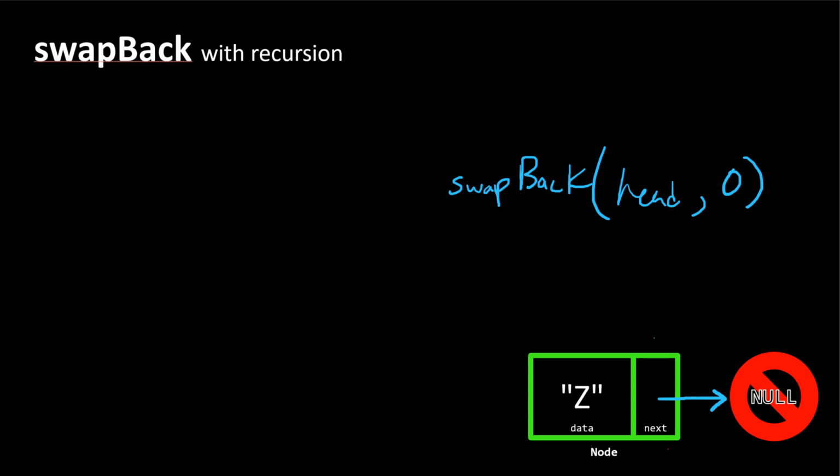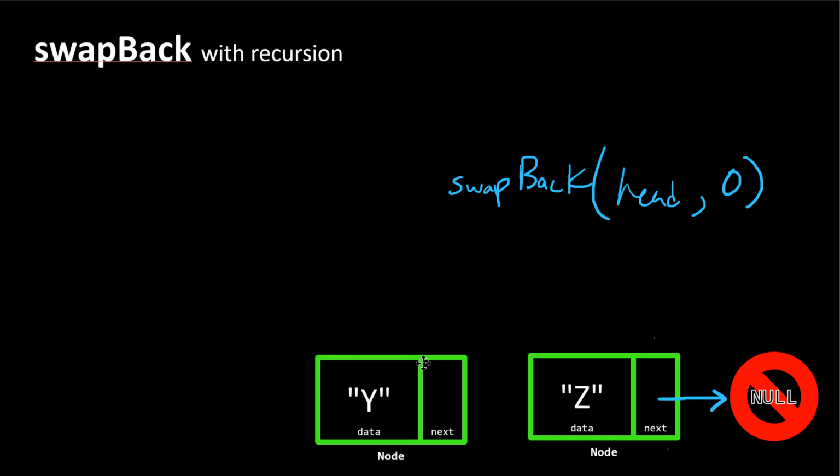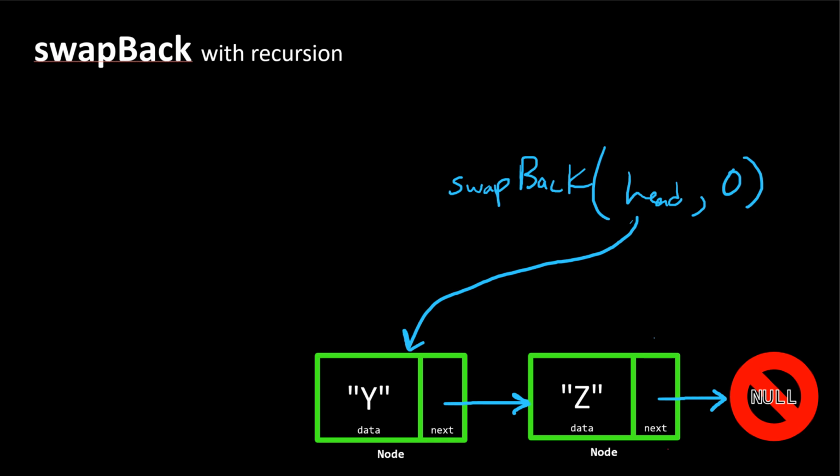So let's think of a slightly more interesting case where we've got a 2-item linked list, and the length of this list is 2. And what we'll imagine is that our head node now refers to this y node, this node with data y.